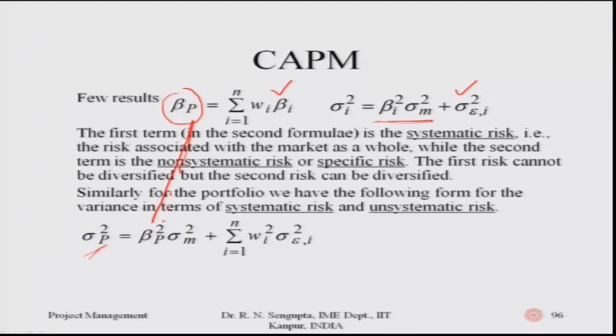This is the formula given, plus the risk of the white noise, or the non-systematic risk, for each and every asset or project, multiplied by the square of the total quantum of investment which you are trying to make for that particular project.